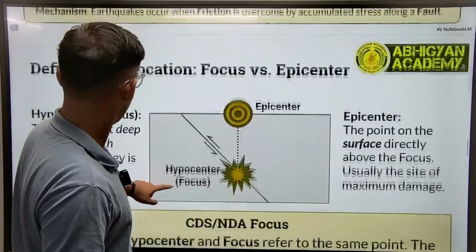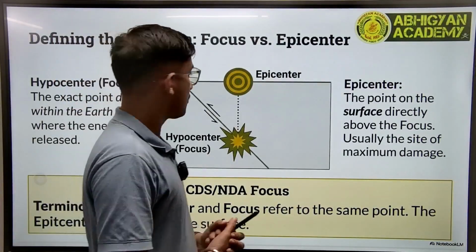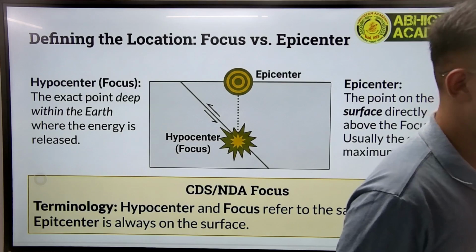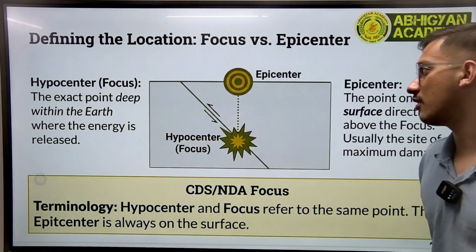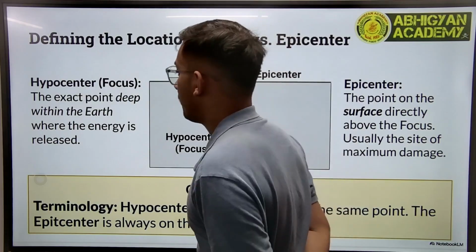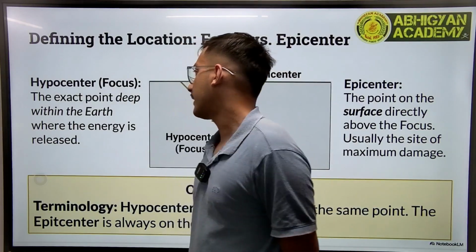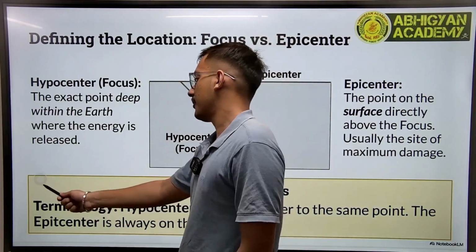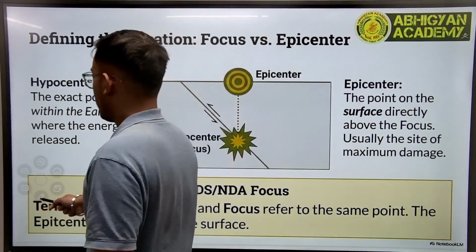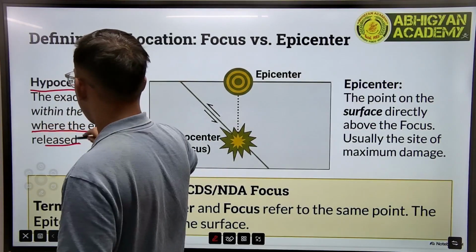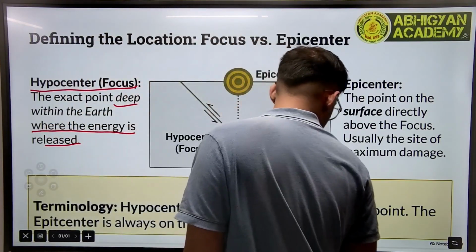Now we come to where an earthquake starts. Basically we have two parts, the hypocenter and the epicenter. The hypocenter is the exact point deep within the earth where energy is released, and it is also known as the focus.